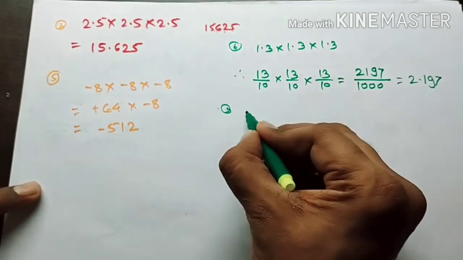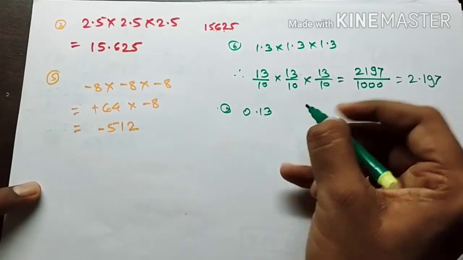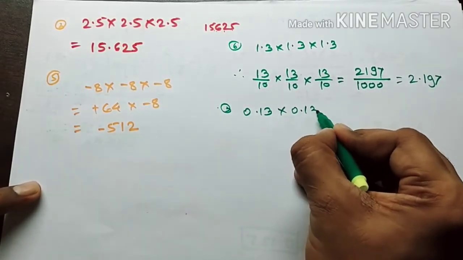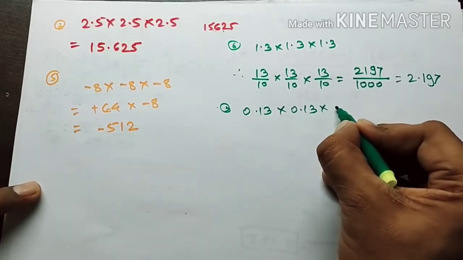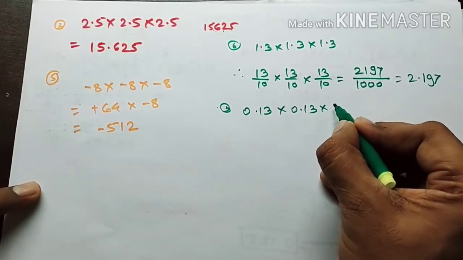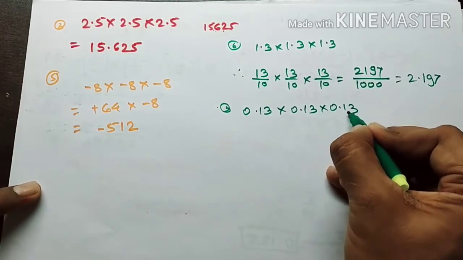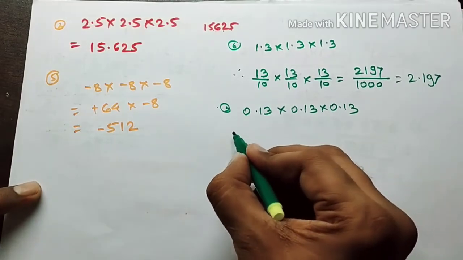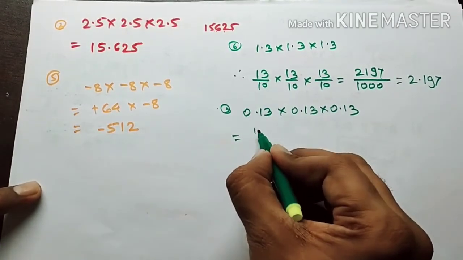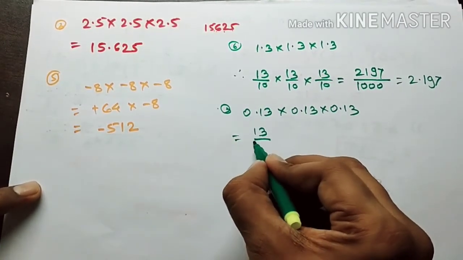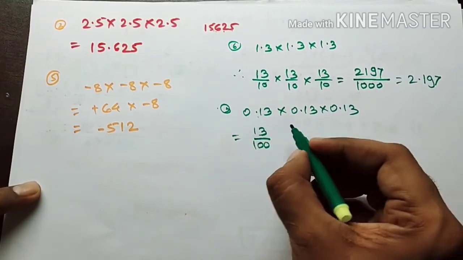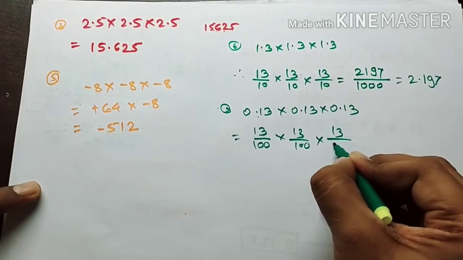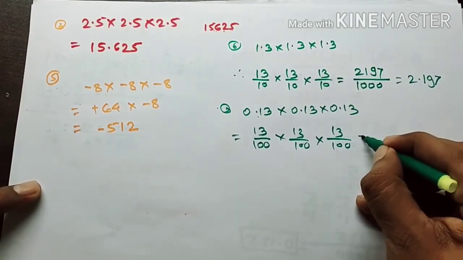Now what will we get, and what is the change in the answer, when we use 1.03? It is simply 13 upon 100, because there are 2 places. 13 upon 100, 13 upon 100.